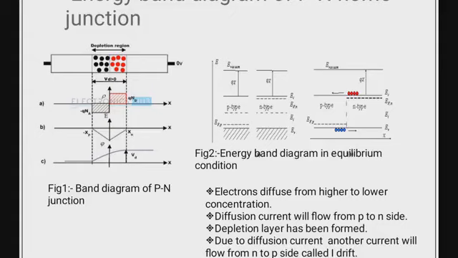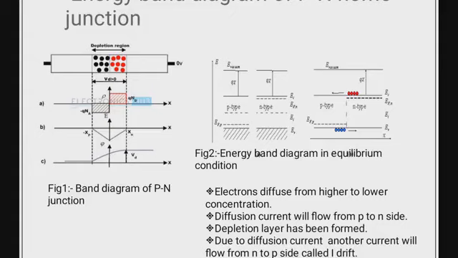We have seen that electrons diffuse from higher concentration to lower concentration region, and holes diffuse from higher to lower concentration region. In this case holes go from p to n-type bead, and electrons go from n to p-type bead, because in the n-type bead the majority carriers are electrons and the minorities are some amount of holes, and in the p-type bead the majorities are holes and the minorities are electrons.